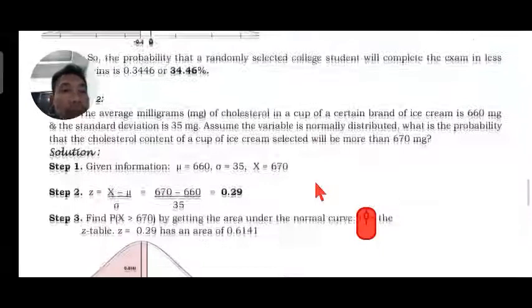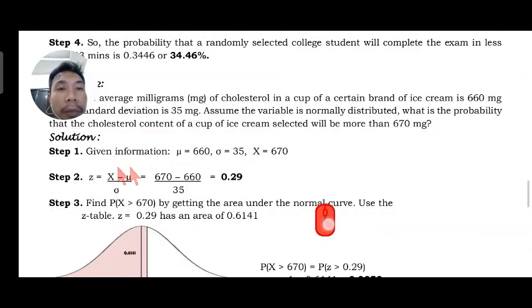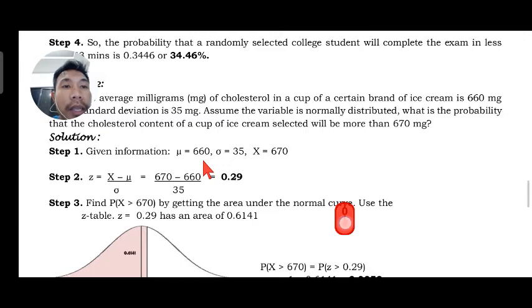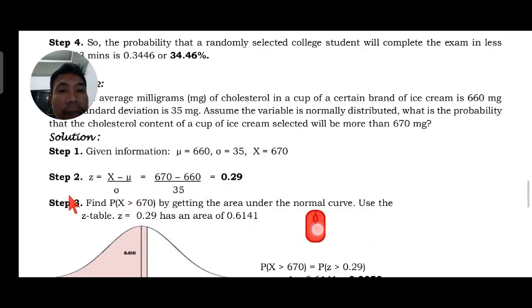Given information: our population mean is equal to 660, our population standard deviation is 35, and our score is equal to 670. Step number 2, let us find the z-score. The z-score is equal to x minus the population mean over the population standard deviation.